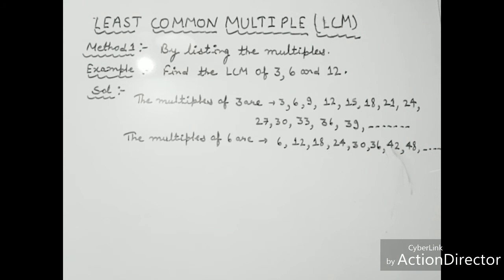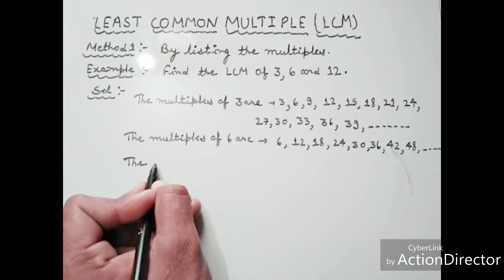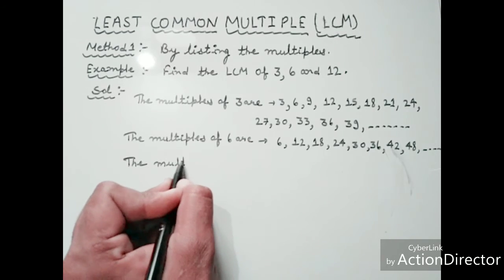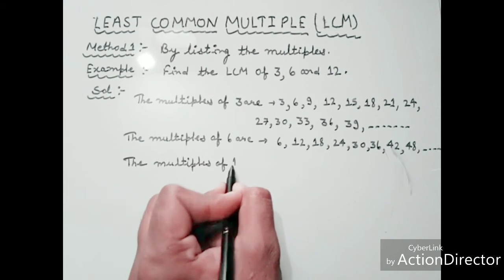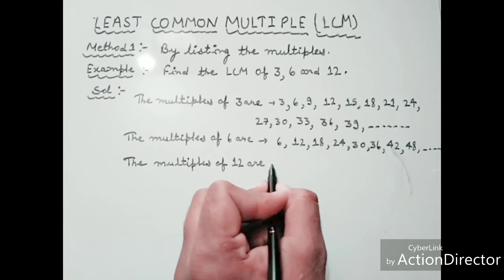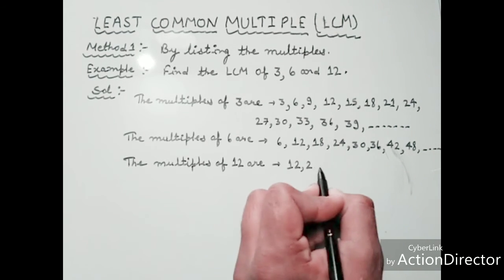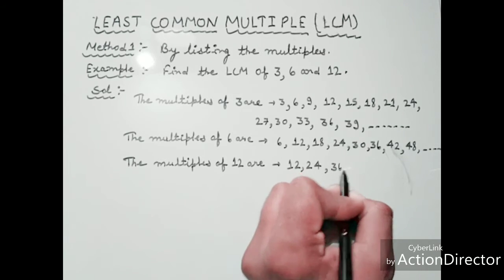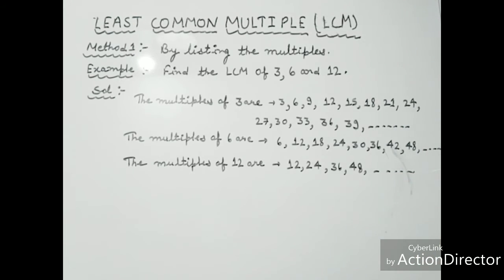Now we write the multiples of 12. The multiples of 12 are 12, 24, 36, 48 and so on.